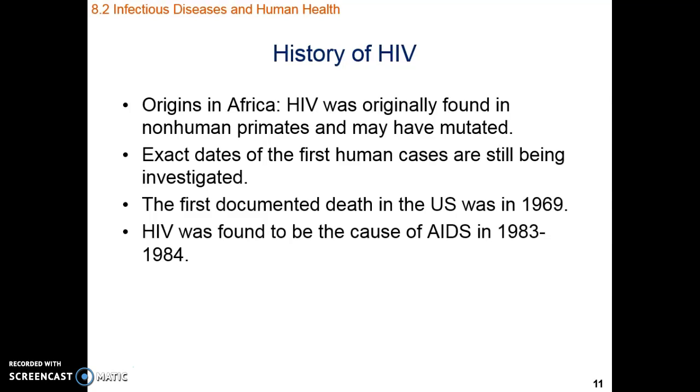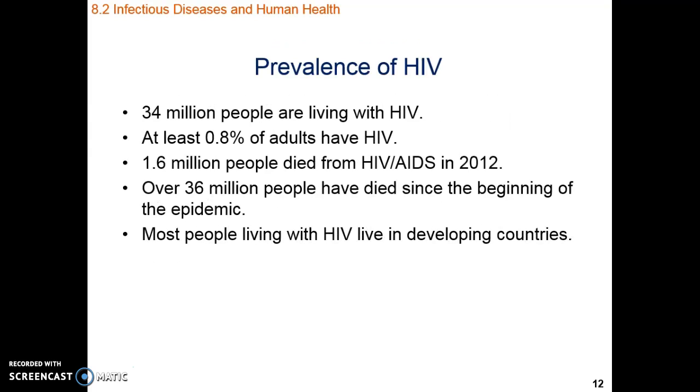The first documented death in the U.S. was in 1969, and this was, again, looking back, because it wasn't actually identified until the mid-1980s with the big outbreak in the San Francisco area primarily, but there were other hotspots in the United States as well. So, prevalence of HIV, the stat is a little old, but approximately 34 million people are living with HIV worldwide.